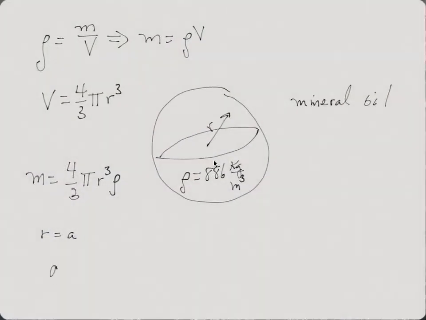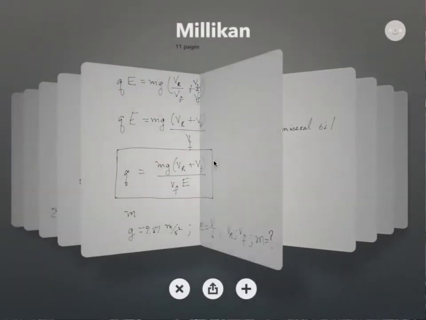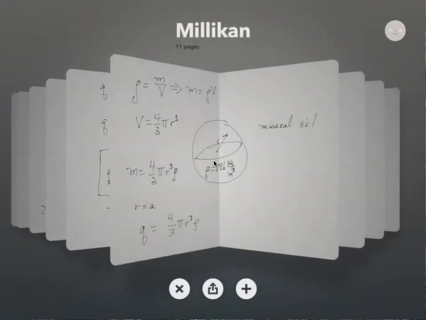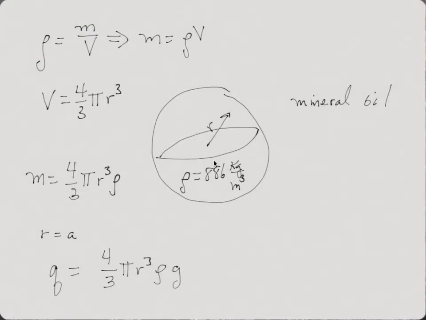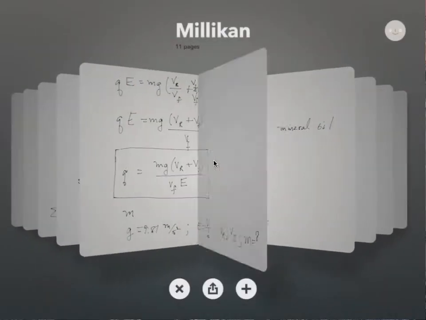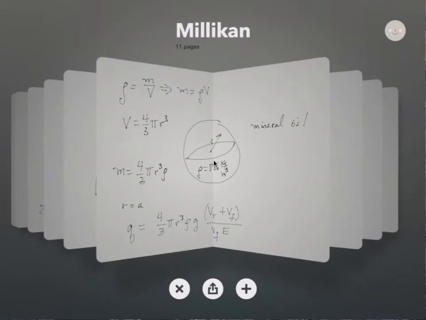So now we have Q is going to equal our mass, 4/3 pi r cubed times rho. And then remember we had our g here. It's going to be times g. And then it's going to be times the quantity of the rise velocity plus the fall velocity divided by the fall velocity times E. If we look back at this equation, you'll see that we have all of that information.